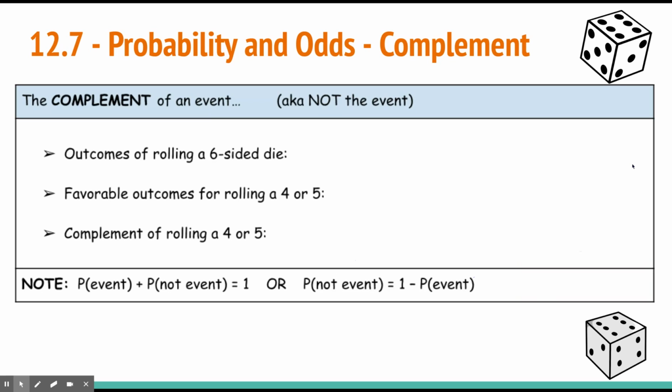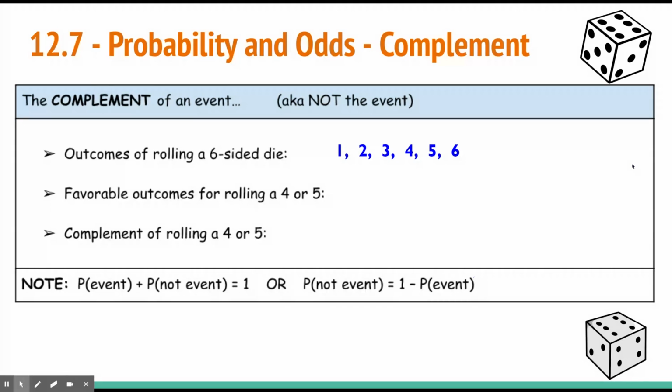All right, the complement. This one can get tricky sometimes. So the complement of an event is everything that isn't the event. So let's take a look at some examples. Outcomes of rolling a 6-sided die. You know what those are: 1, 2, 3, 4, 5, and 6.